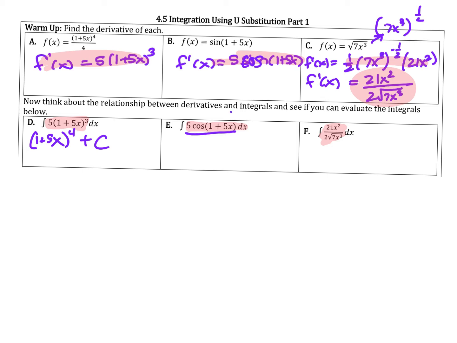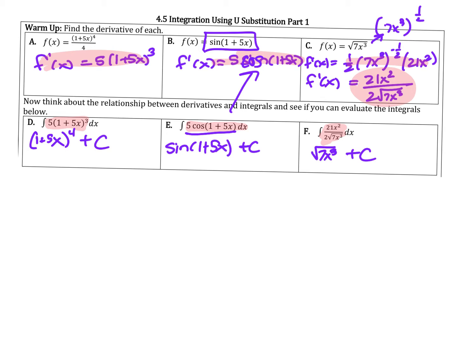What I have here is the derivative of what I found up here. So if I undo taking the derivative, if I integrate, I should move back to having sine of 1 plus 5x, and then I'm going to have plus C because I'm integrating. Similarly, for F, the inside is the derivative of the function that we found in C, so the antiderivative would just put us back at the square root of 7x to the third plus some arbitrary C value.